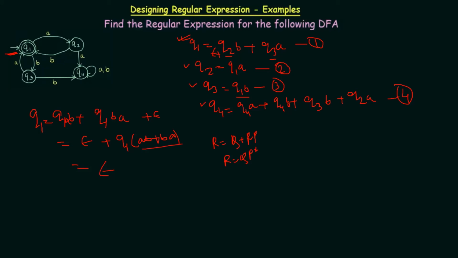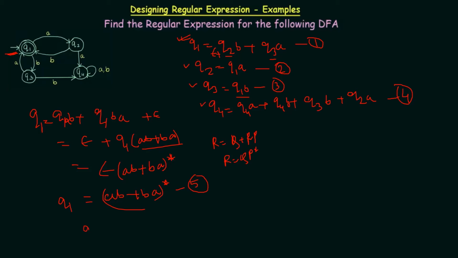So this is going to be (ab plus ba) star. I have already explained in the previous slide that the regular expression into epsilon is the regular expression itself. That is the value of q1. So let's give this equation number 5.